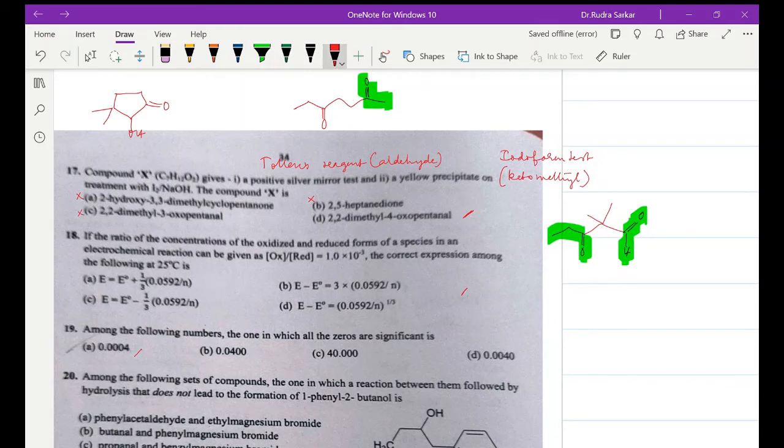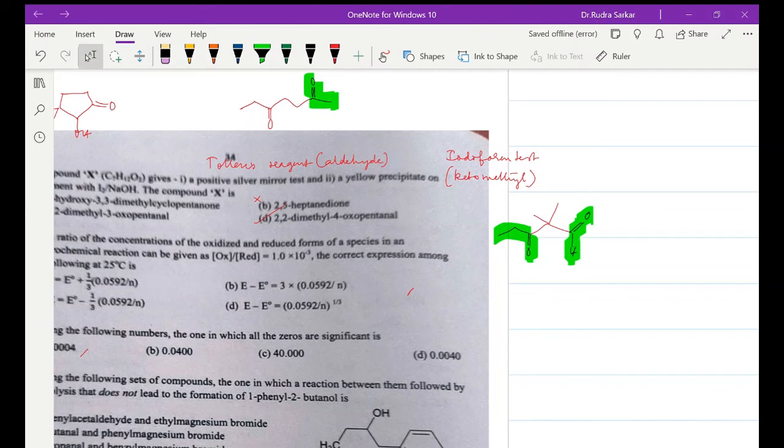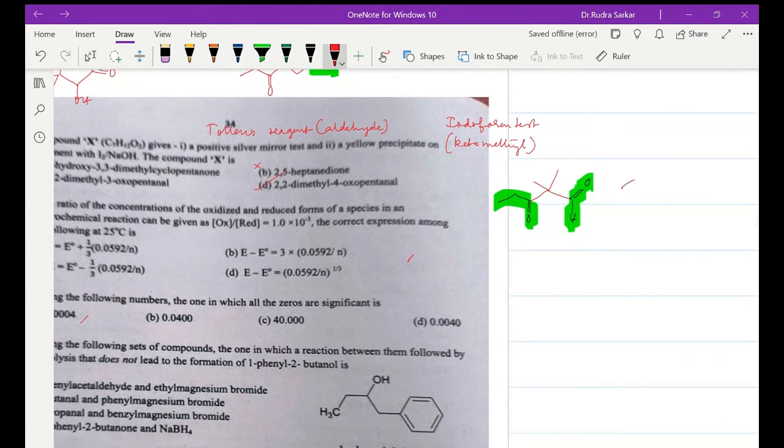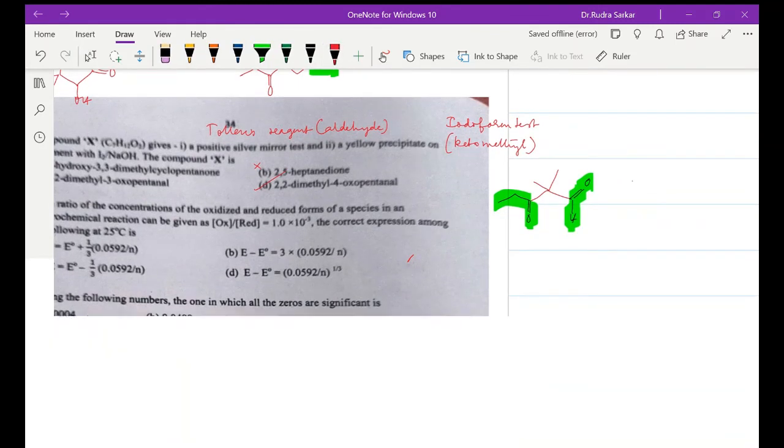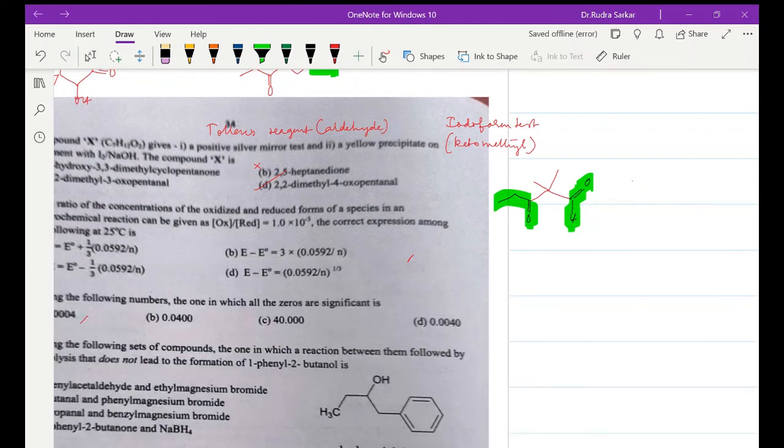The last option, obviously out of elimination, will be the correct answer. But let's draw the structure to understand it in a better way. 2,2 dimethyl 4-oxopentanal. Okay, so what is that structure? It is going to be like this.